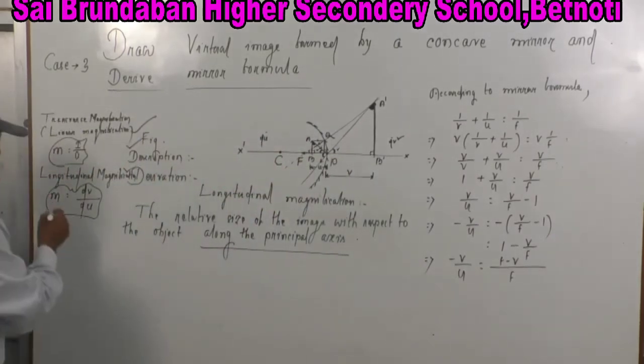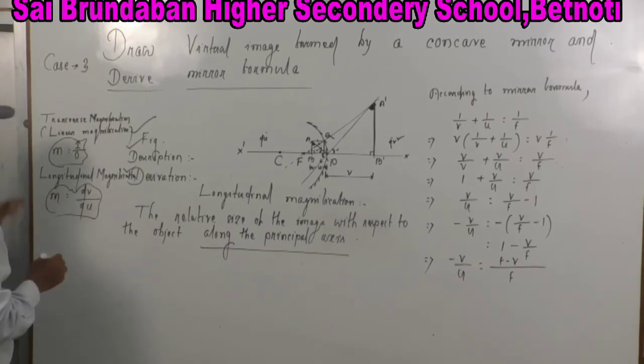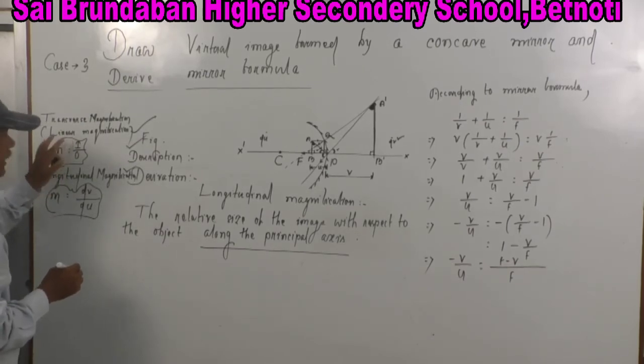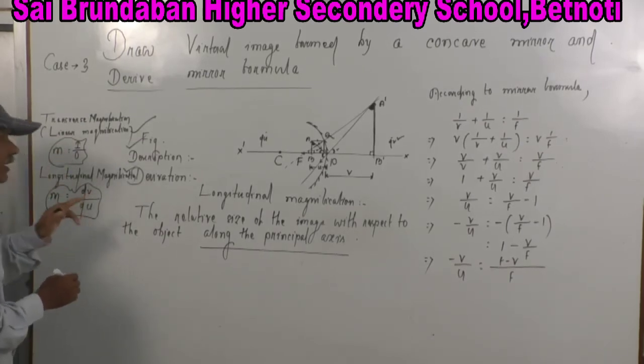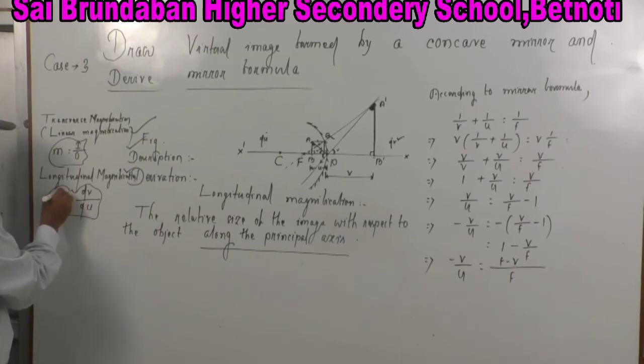So that's why longitudinal magnification is dv by du. Linear magnification or transverse magnification is equal to image length by object length, I by O. Image size by object size perpendicular to the principal axis, and it is denoted by m, and it is denoted by m dash.